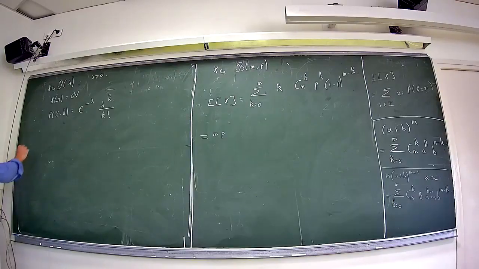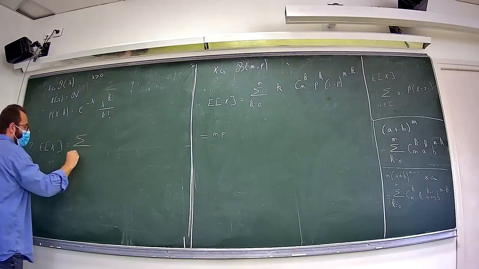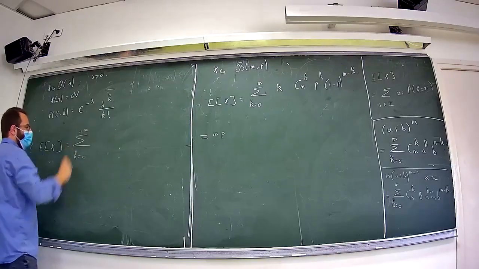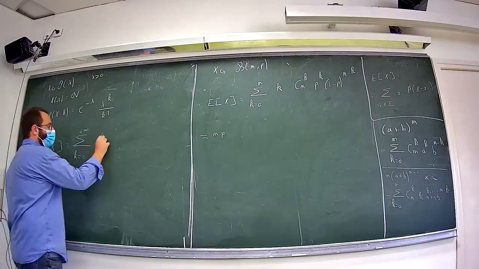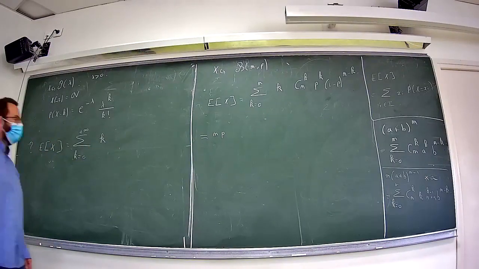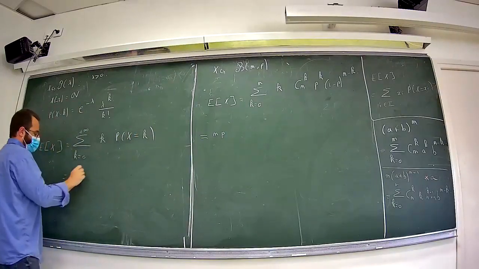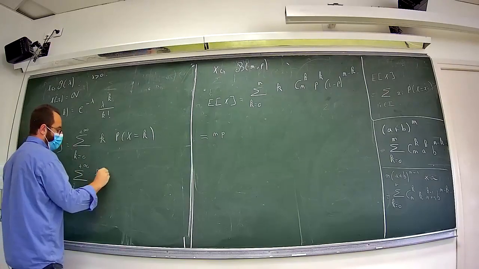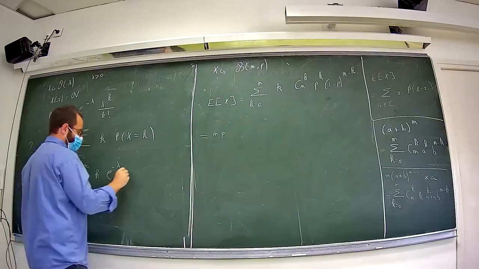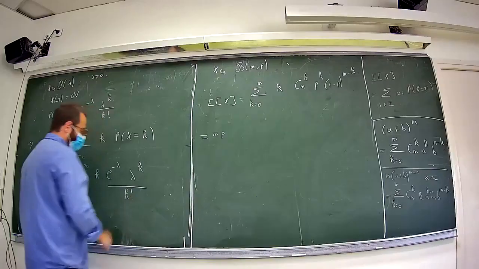A priori, what I want to compute in this situation is the sum from k equal to 0 to plus infinity of the possible values k multiplied by the probability that X is equal to k. That is equal to the sum from k equal to 0 to plus infinity of k exponential minus lambda, lambda to the power k over k factorial.